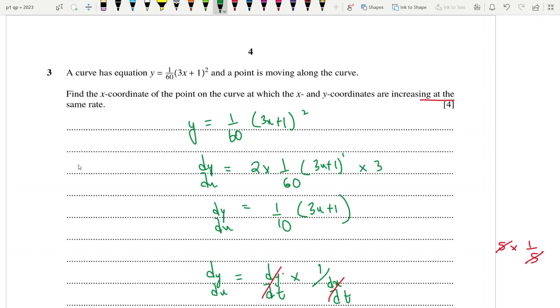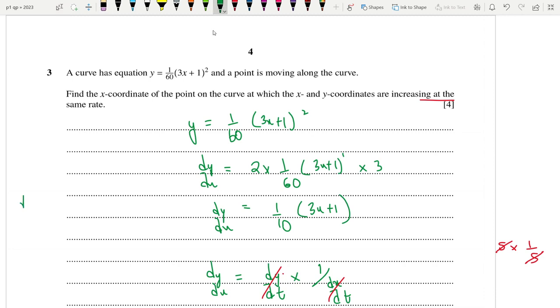Now they want us to find the x coordinate of the point where x and y coordinates are increasing at the same rate. What does that mean? dx by dt and dy by dt are going to be increasing at the same rate. Okay, so hear me out now.